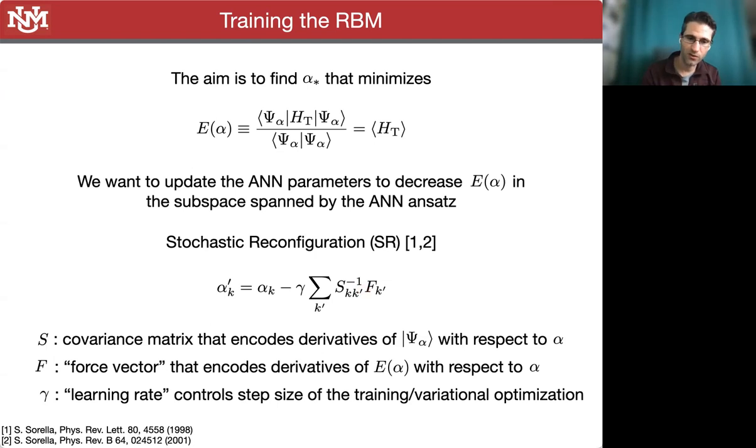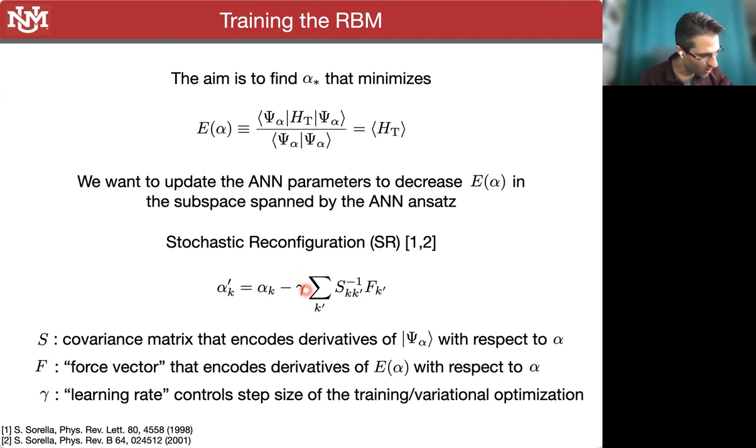You can really think of it as a force vector because it's basically the derivative of this energy with respect to the RBM parameters. And so what this is doing is effectively a sort of gradient descent. It's taking the derivative of the energy and it's pushing the parameters in the direction that lowers the energy.